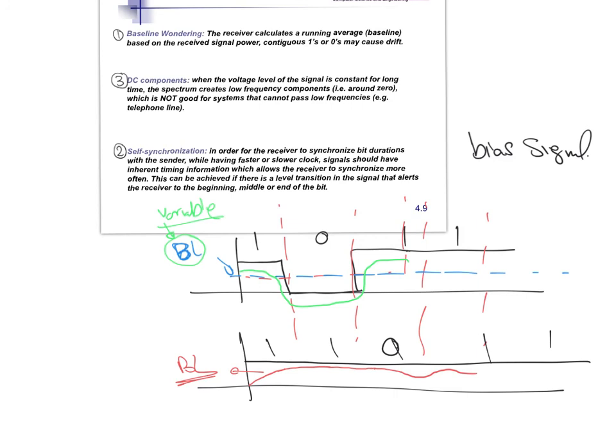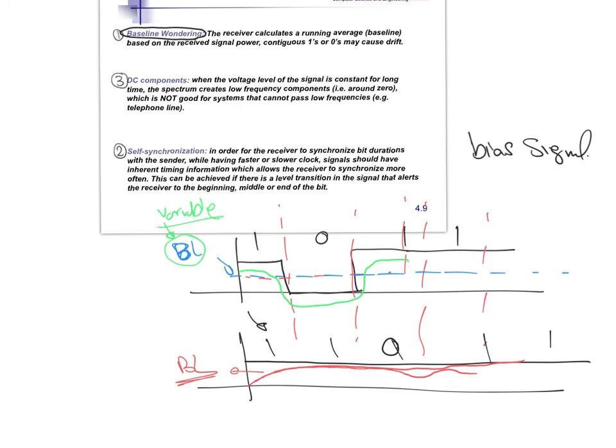Okay, so where is the problem? What is the problem actually? The problem is that we have what we call baseline wandering. The baseline wandering talks about the fact that if the digital signal stays at the same level for a long period of time, like for this extreme case when I have all ones, what will happen is that the baseline will start to increase and get as close as possible to the actual signal level.